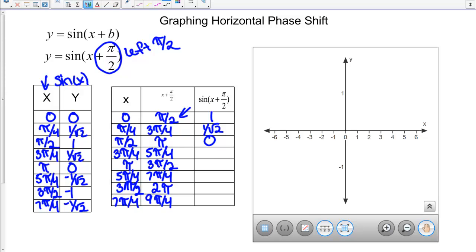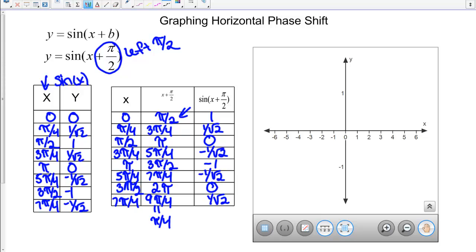Sine of 5 pi over 4 gives me negative 1 over square root of 2. 3 pi over 2 gives me negative 1. 7 pi over 4 gives me negative 1 over square root of 2. 2 pi gives me 0. And 9 pi over 4, remember that this is the same thing as pi over 4, which gives me 1 over square root of 2.